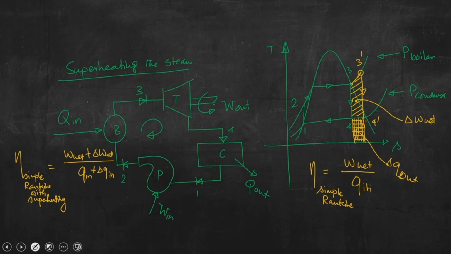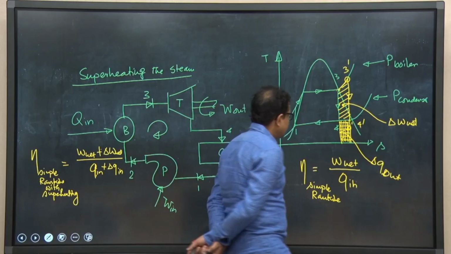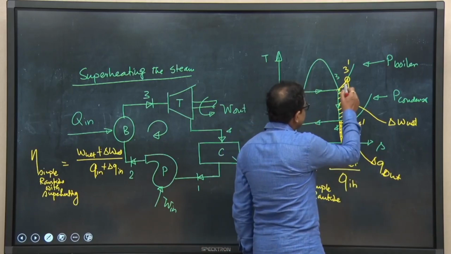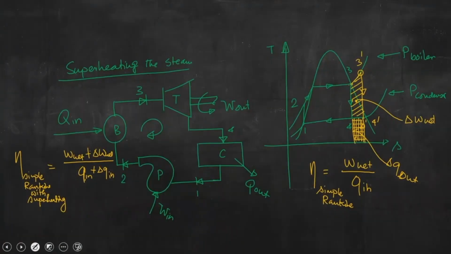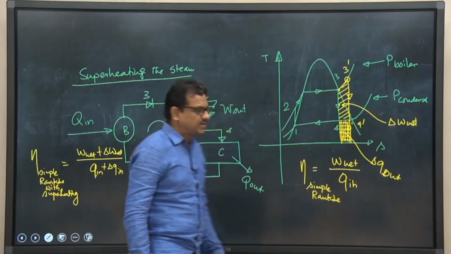So, if that is the case, we can achieve higher thermal efficiency. One very important advantage is that by superheating steam beyond point 3, we can increase the quality of the steam at the exit of the turbine.